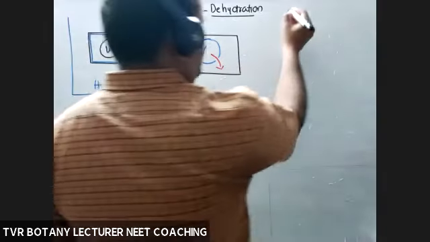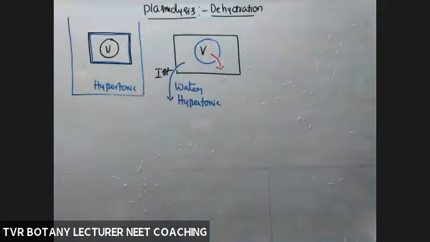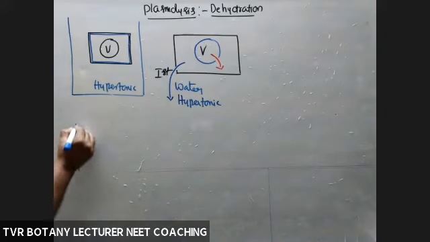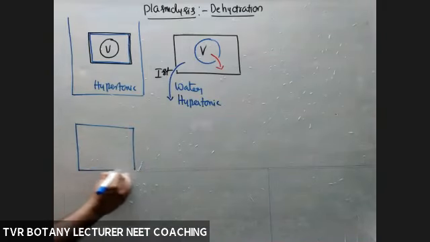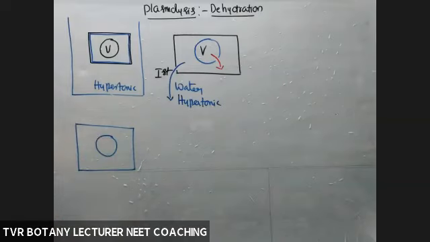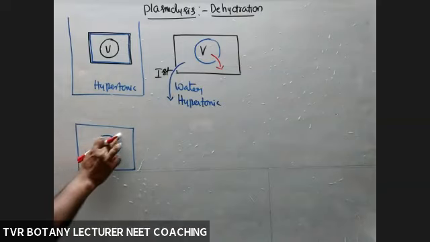Under normal conditions, what is the direction of movement of water? For example, this is a normal turgid cell. What is a turgid cell? A cell with turgor pressure.